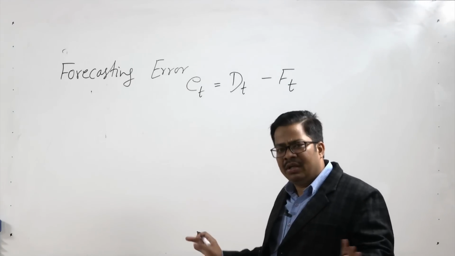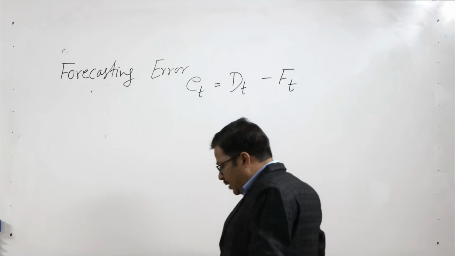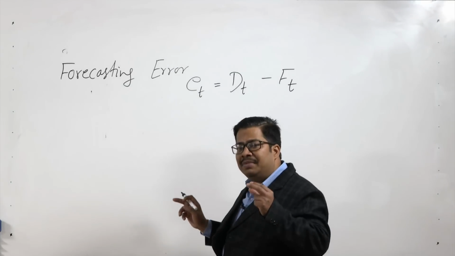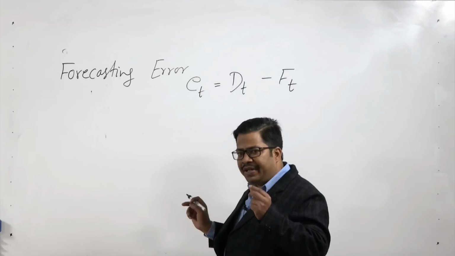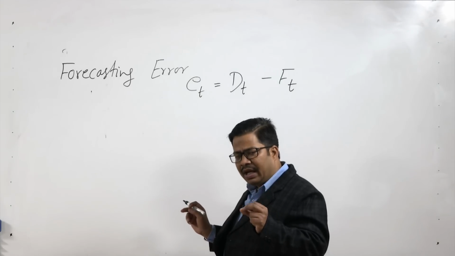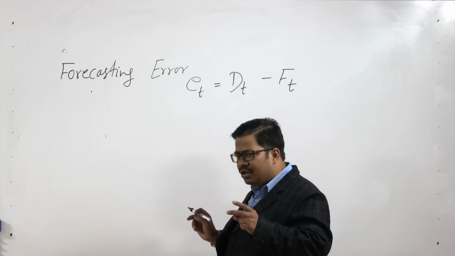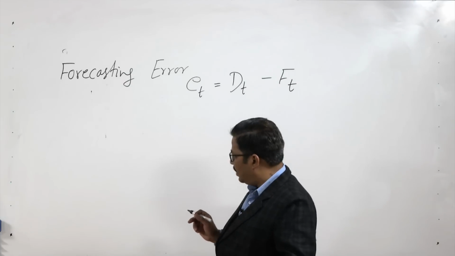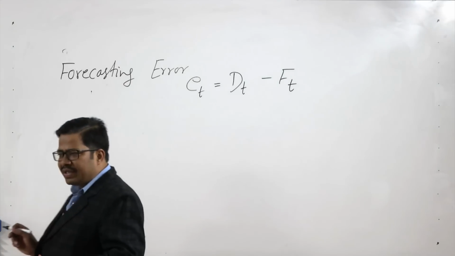This is very simple, no complication, but this measure alone is of limited use. This definition of forecasting error has limited application. So, we have developed certain other measures of forecasting error, and now we are going to discuss those.